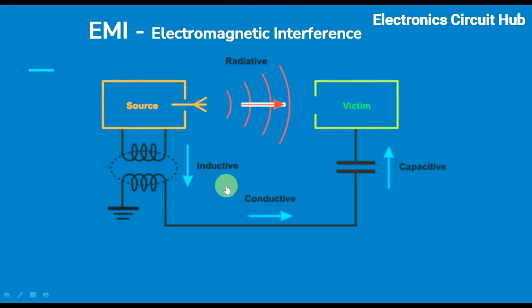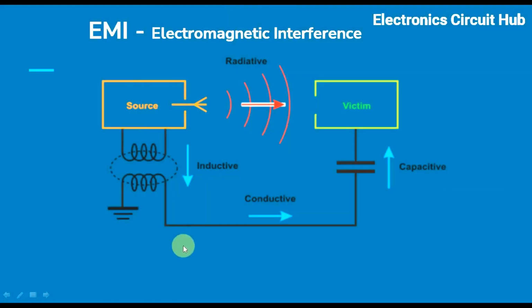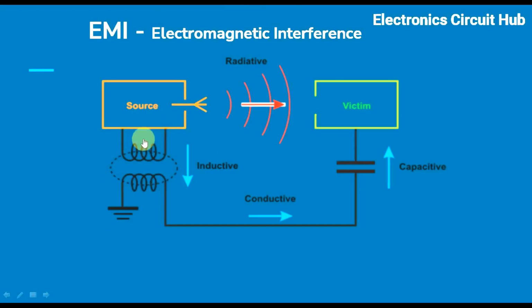So you can see here, this is the basic block diagram of EMI. Here you can see your source, and this is the inductive coupling. This I took from Wikipedia. So this is the inductive coupling, and then you have conductive coupling. Here you can see this is the capacitive coupling.